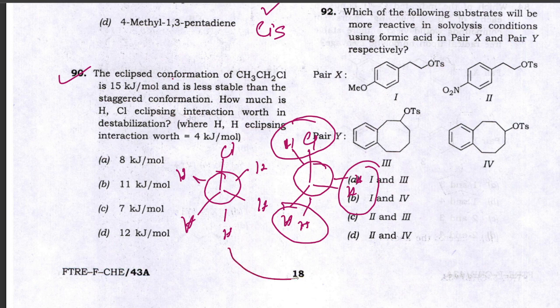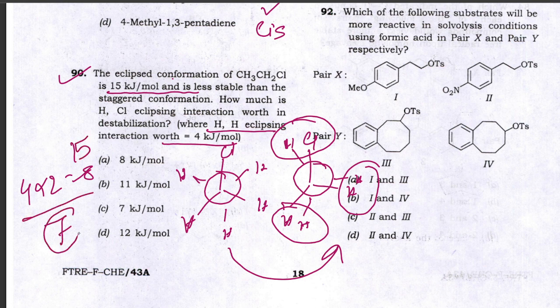So from staggered to eclipsed you are increasing 3 interactions, and that's why the stability decreases. The total interaction cost is 15 kJ per mole, but they have given that the hydrogen eclipsing cost is 4 kJ, so 2 hydrogen interactions cost 4 into 2, that is 8, and if you subtract it from 15 you will get 7, and that is the hydrogen-chlorine eclipsing interaction.